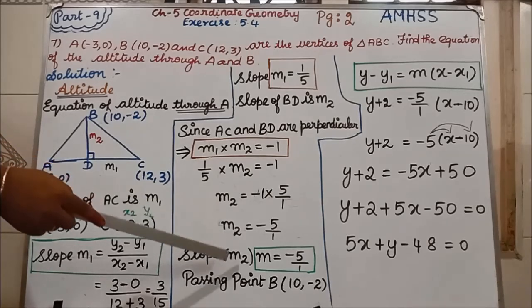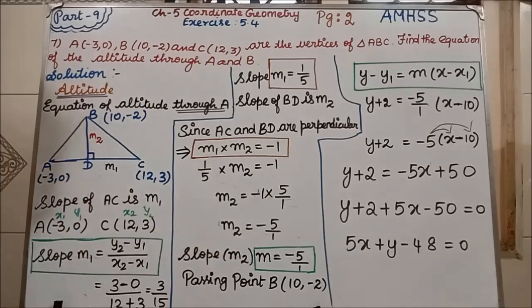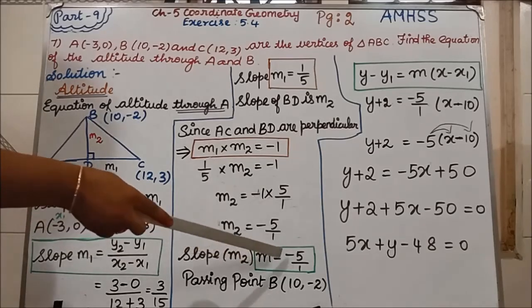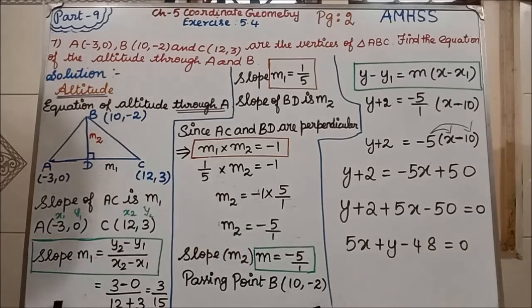Now the slope m2 is our m. I have told you before, the slope you finally find is the slope you consider as m. So slope m is equal to minus 5 by 1, which we can also write as minus 5.